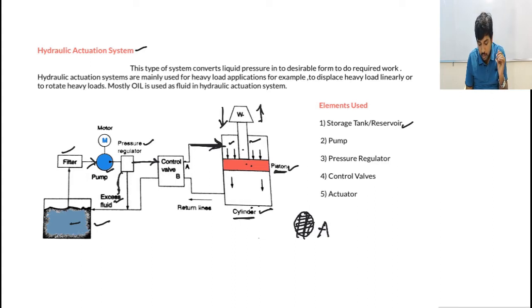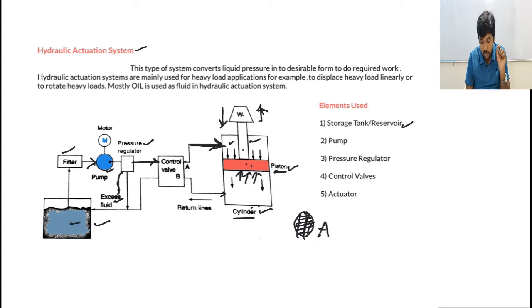The fluid should enter at the bottom, and this fluid will apply pressure on the piston from below. Then obviously the piston and cylindrical rod both will displace in the upward direction, and the weight or the load will be displaced upward.